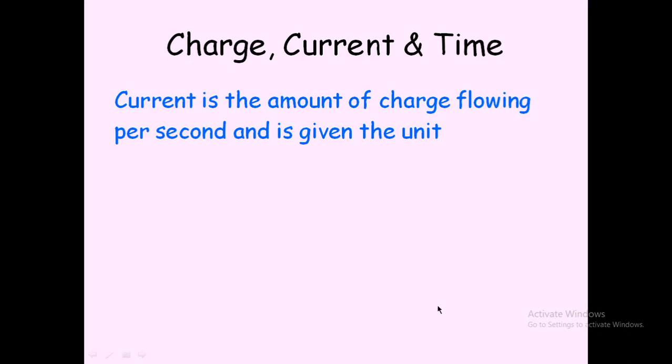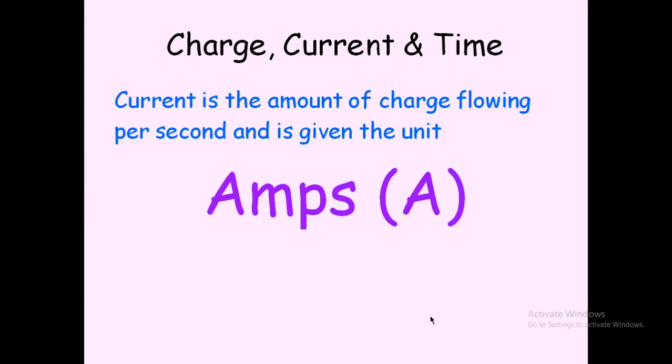So we can define current as the amount of charge flowing per second, and it is given by the unit amperes. Current units are amperes, or we can define current as the rate of flow of charge.